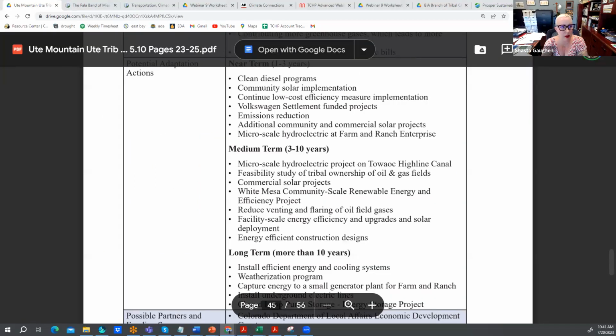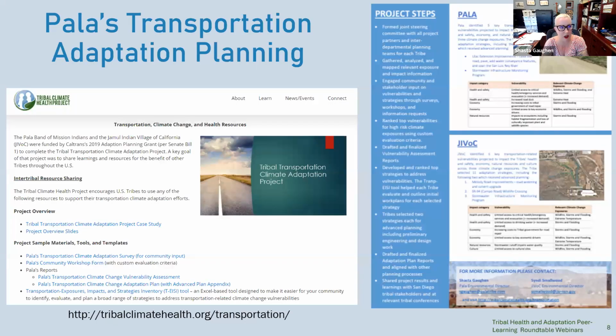With ours, we did a transportation vulnerability assessment and a transportation plan focused on adaptations to climate impacts, identifying the usual stuff. It's terrible to say that I'm at the point where it's usual for me to say we're going to have floods, wildfires, dust, all these terrible things.